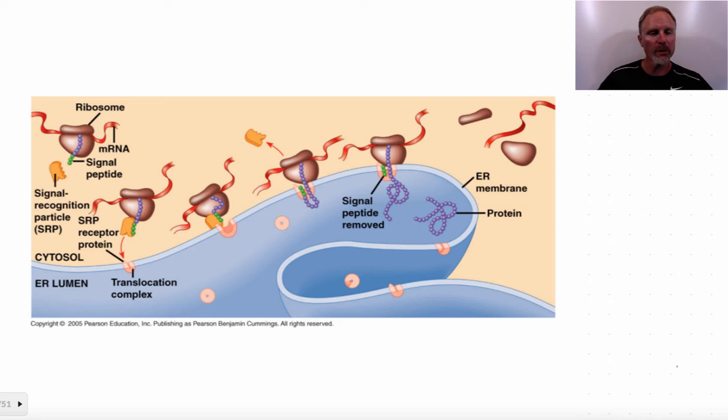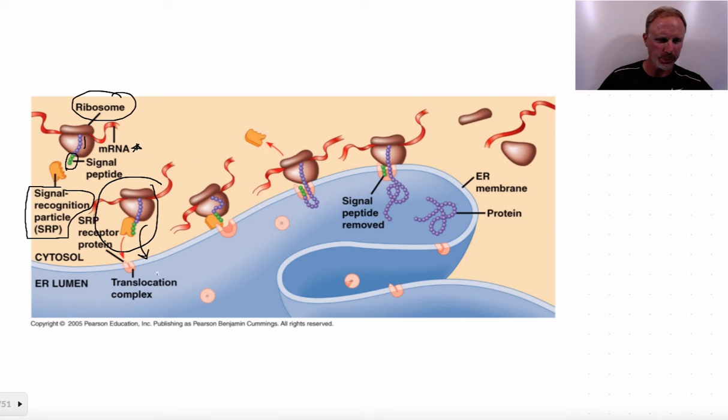So if you look here, here's the ribosome, of course, and I'm just going to switch colors here. This ribosome is going to read this messenger RNA molecule, and when it does, it's going to start to synthesize this protein, and on the very end of it, it's going to have this signal peptide. That signal peptide is going to bind with the signal recognition particle, and that's what's going to be responsible for hauling this entire complex, the messenger RNA, the ribosome, as well as the growing peptide, to the ER.